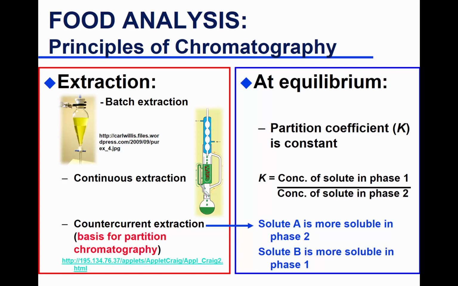Continuous extraction, this is the Soxhlet setup, and that's what you will do in the fat lab, where it's a continuous, or well, it is a semi-continuous really. What happens is you have the solvent, you have a hot plate here, and you have your sample in an upper component, you have a condenser.